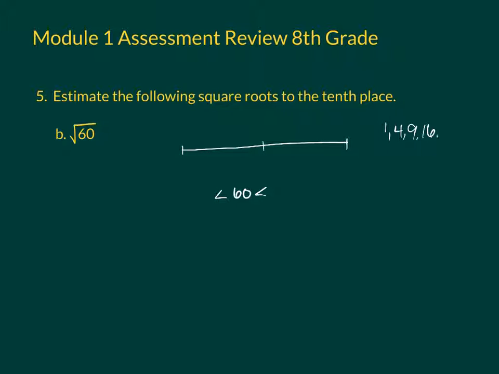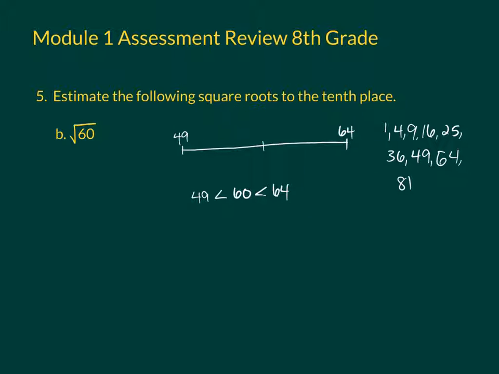If we list out our perfect squares, again just take a number and square it. 6 squared, 7 squared, 8 squared is 64, 9 squared is 81. I already see that 60 is in between. In our list it's between 49 and 64. 49 is the smaller one, and then 64. So on our number line, 49, 64.